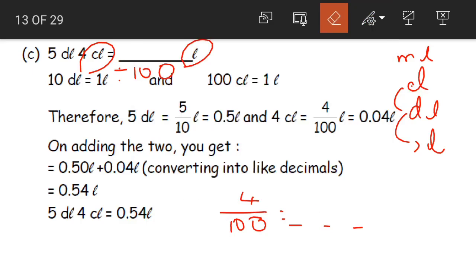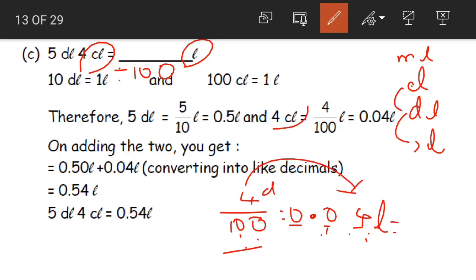So we need to write the numerator also as a 3-digit number. 4, 0, 0. We have 2 zeros in the denominator. So after 2 digits from the right, we'll place our decimal point. So our answer is 0.004. What will be the unit of measurement, children? Liters. As we've already divided, now these centiliters are converted into liters.